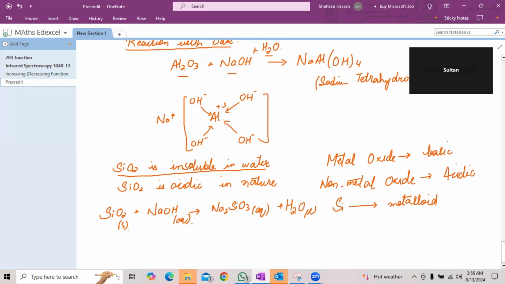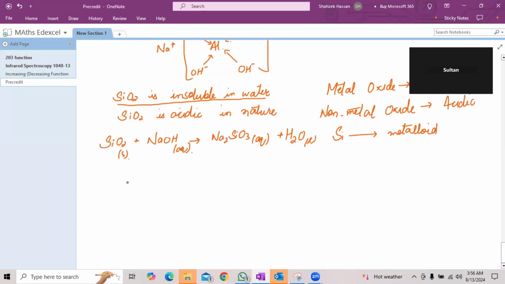Now let's move towards phosphorus oxide. P4O10 is soluble in water.